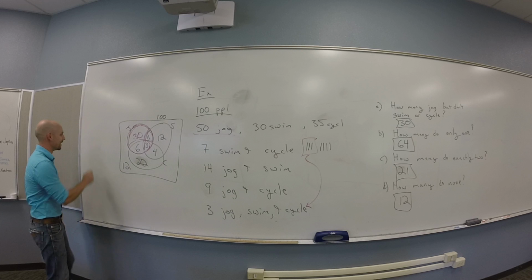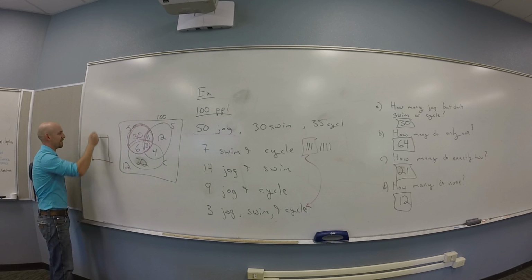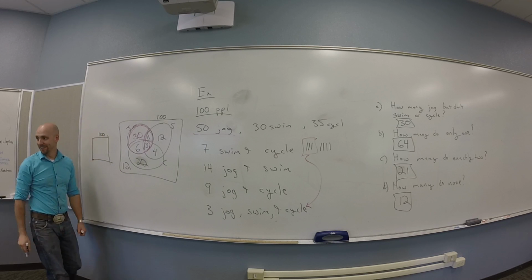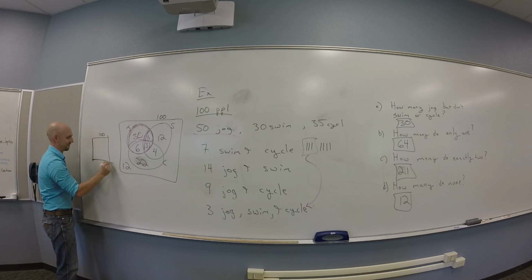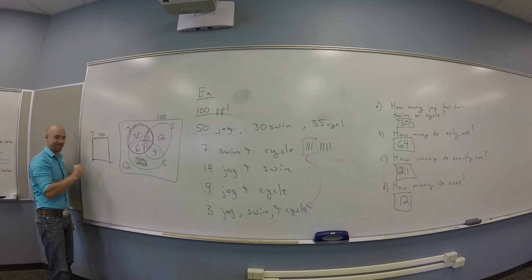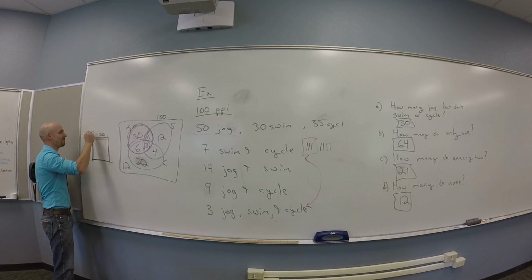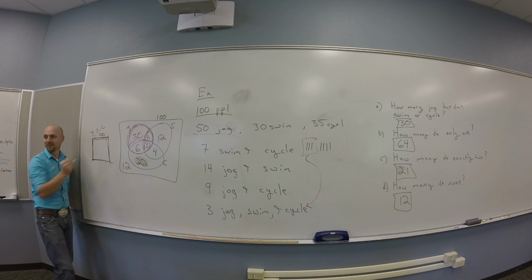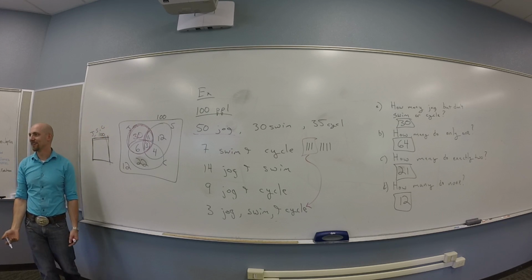I would hope that I have this picture: here's 100 people, that's the jog blob, it's also the swim blob, and it's also the cycle blob, because they're in a triathlon. They've got to do all 3.